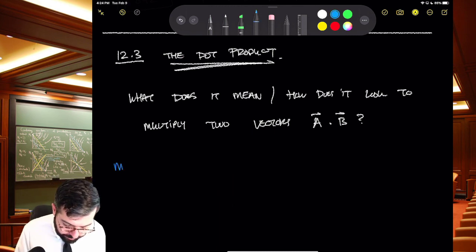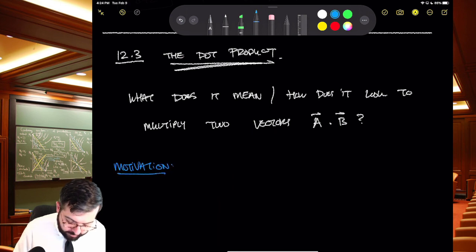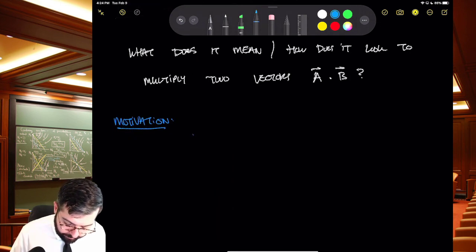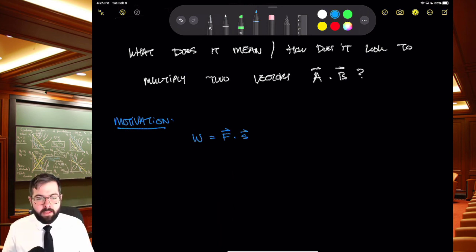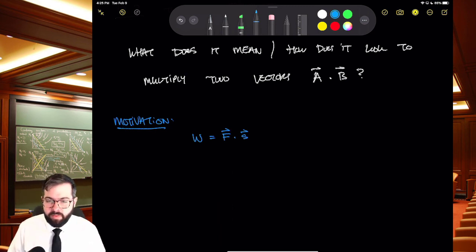Well, the motivation here actually comes from the physical world. If we remember, work is force times displacement. And I don't know if we talked about work actually at the top of classes, whether it's a scalar or a vector.